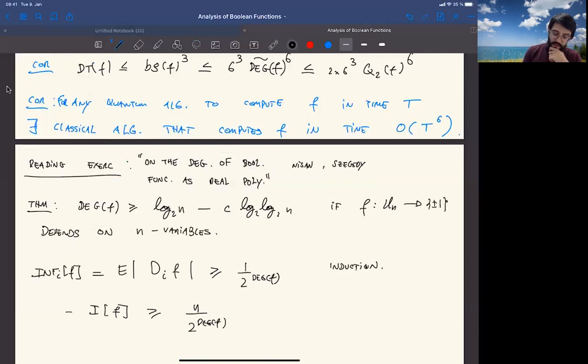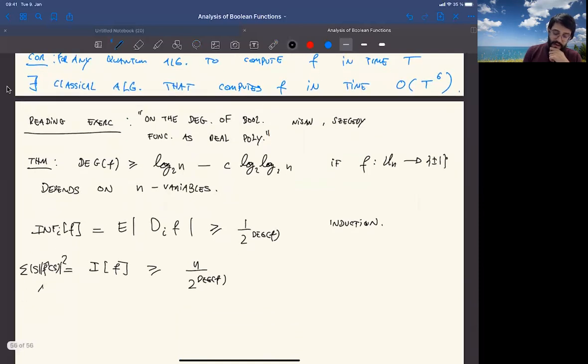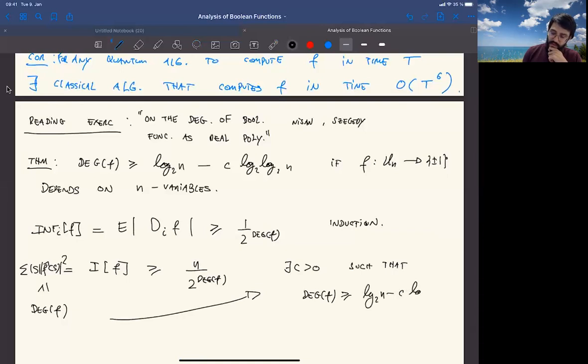But by Fourier expansion, the total influence is the sum of |S| times f-hat of S squared, which you saw that formula already, and that's less or equal than the degree of f. Then putting those things together, you can show that there exists some positive C such that the degree of f is greater or equal than log base 2 of n minus C log base 2 log base 2 of n. Okay, that's more or less the proof.